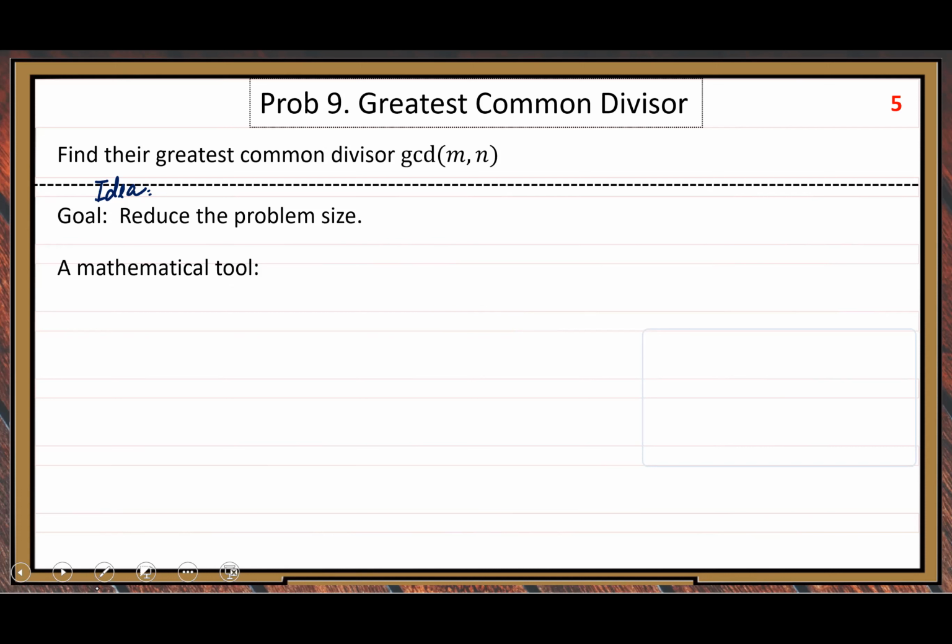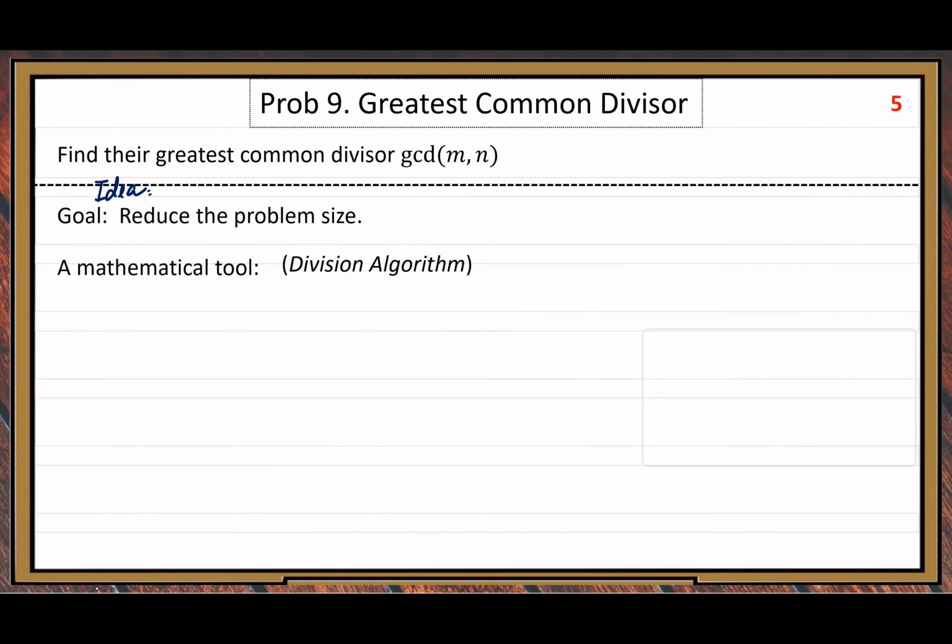That's the critical part. To do that, we need to use a mathematical tool. You may feel we need some fancy math tool, but actually that tool is very simple. So what's that?